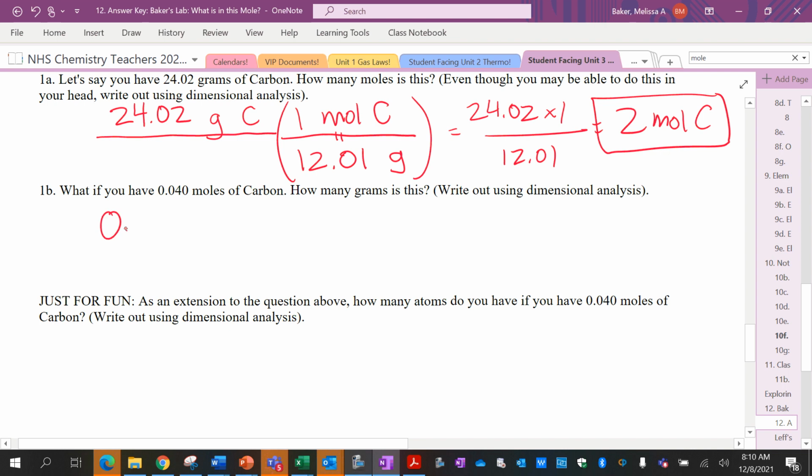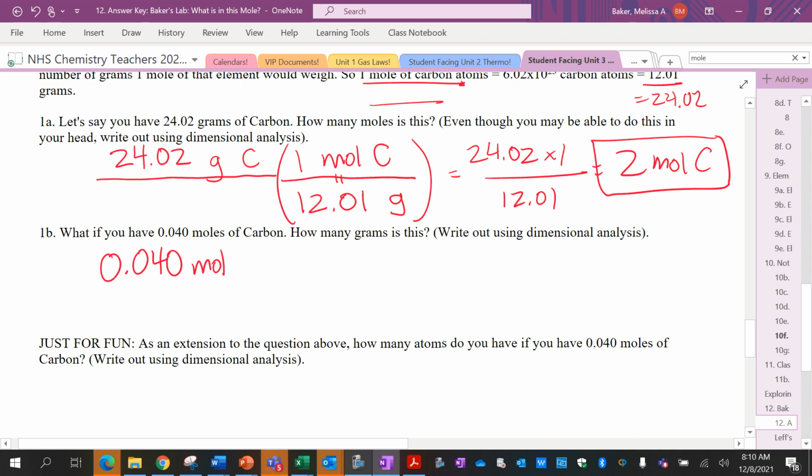What if you had 0.04 moles of carbon? Oh, sorry, back to this one. Significant digits would be 2.000 moles carbon. Okay, if I had 0.040 moles of carbon, how many grams is this?